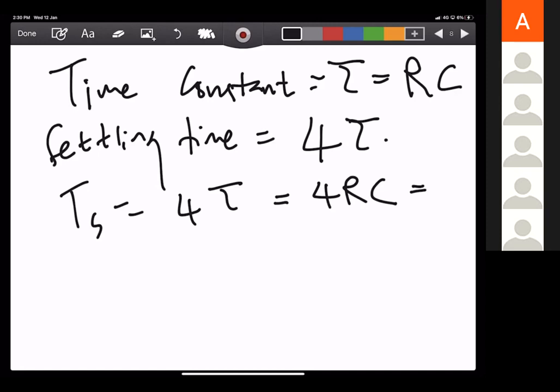Henrita. 4 times R, the value of R is 2K, right? 2 seconds. Oh, okay.